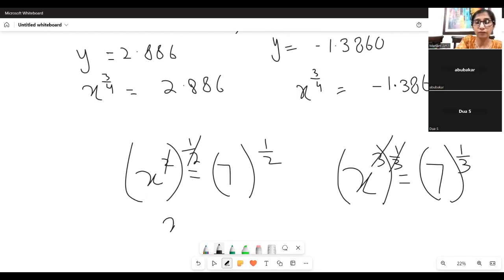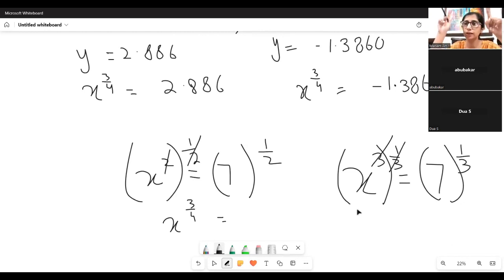So now when you have 2.886, क्यूब उसका फोर्थ रूट लेंगे. नहीं नहीं नहीं, 4/3 करना है.